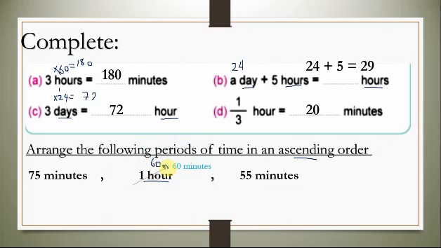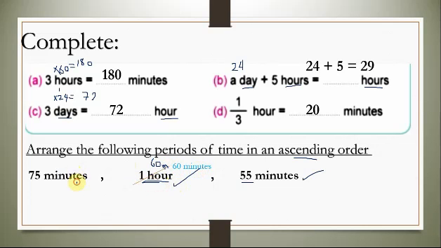Okay, now I can arrange it. It's ascending order from the small to the great, so we have 55, 60, and 75. Which one is the smallest one? It's 55 minutes. So this is the first one. Then we have 60 minutes and 75 minutes. So of course 1 hour is the second.